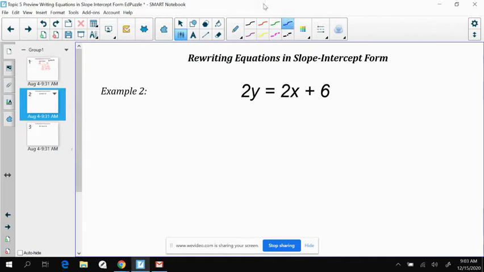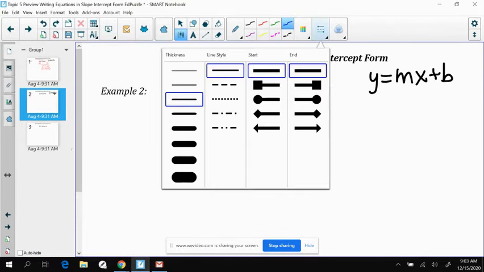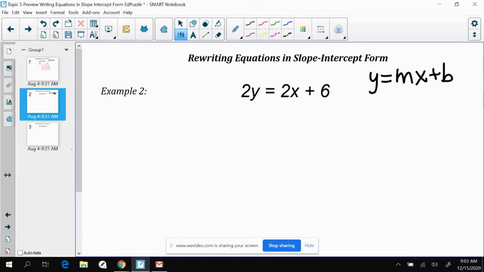In this case, remember, we still want to rewrite the equation in slope-intercept form. And this equation is a little bit different because 2y equals 2x plus 6. Our y is already isolated.